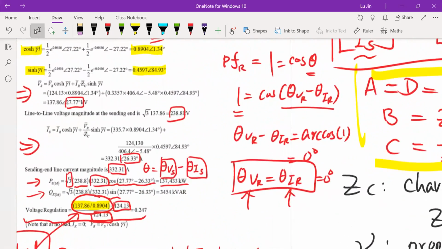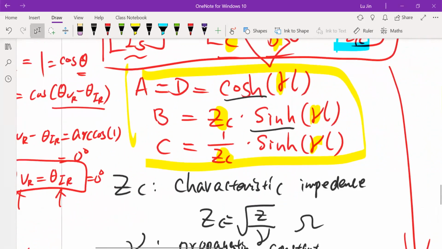So this 137.86 is the sending side voltage magnitude. And this 0.8904, this value is coming from our parameter A, cosh gamma L, which is parameter A.